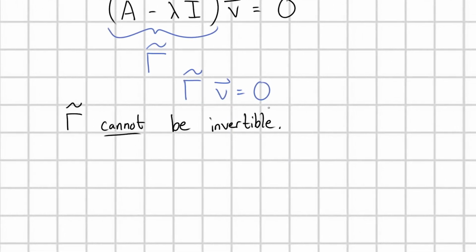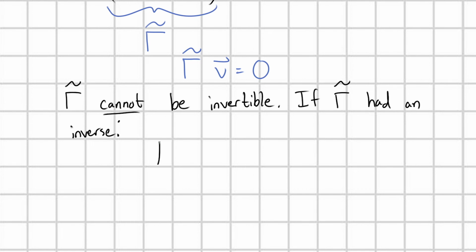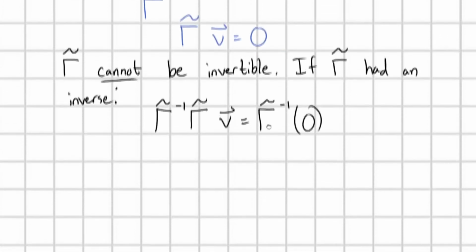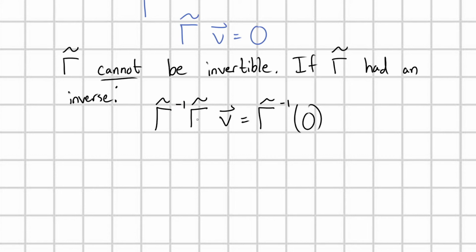It can't be invertible because if gamma had an inverse, I could take this equation up here, multiply both sides by gamma inverse, and I would ultimately get gamma inverse times gamma is the identity matrix I, and gamma inverse acting on the 0 vector is just the 0 vector.